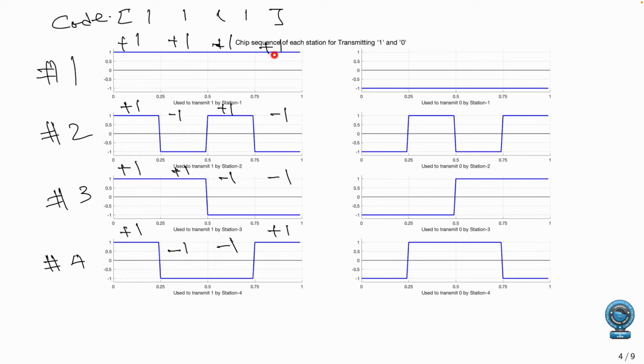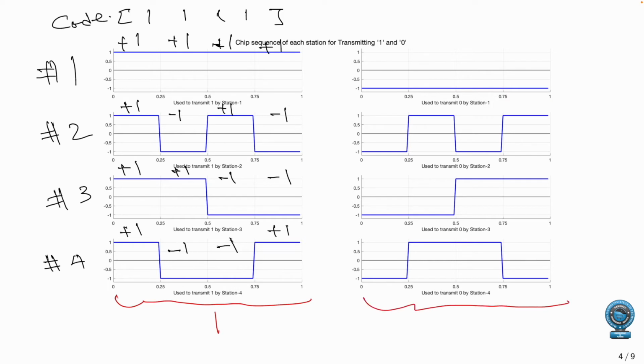So CDMA has given a different code or chip sequence for each of the stations. Whenever they want to send a 1, they should use their code and send these chip sequences.